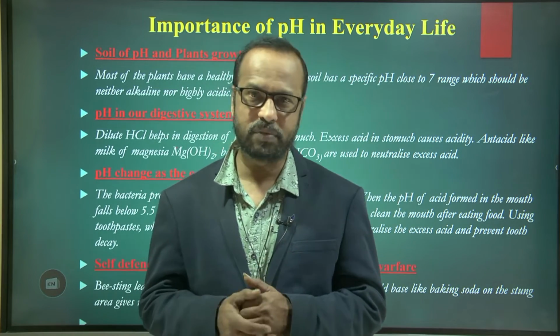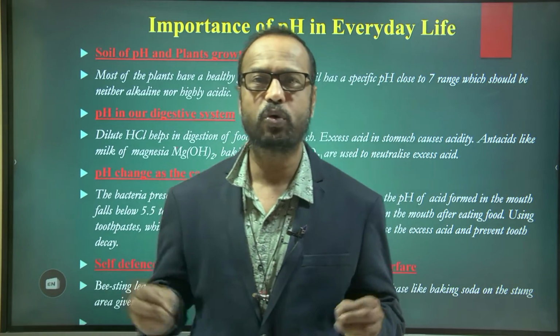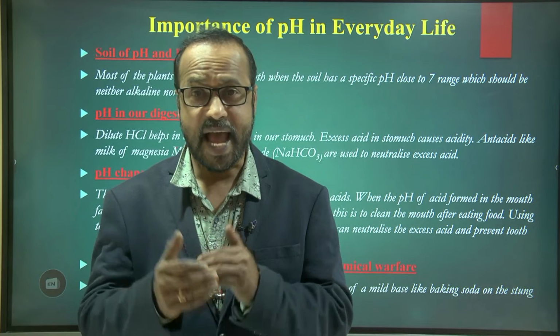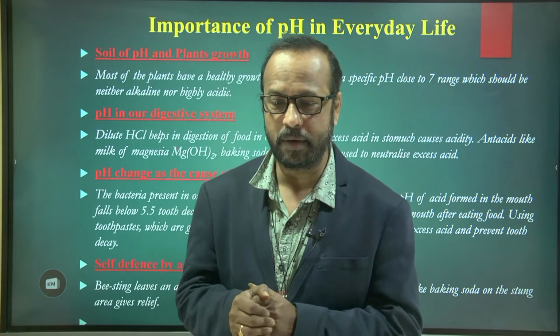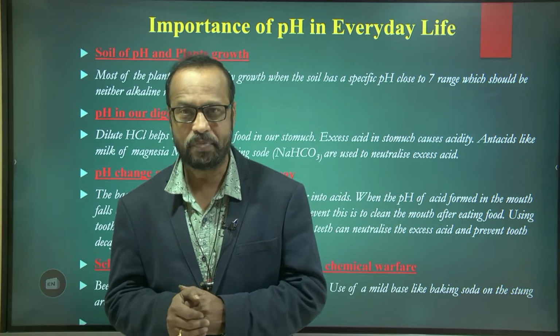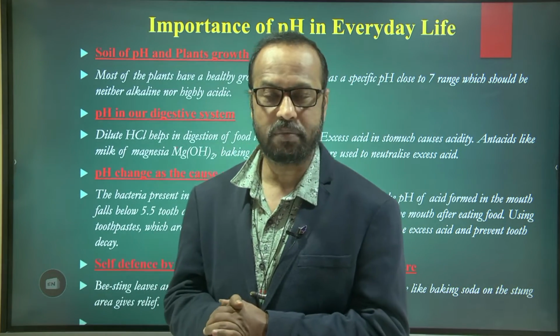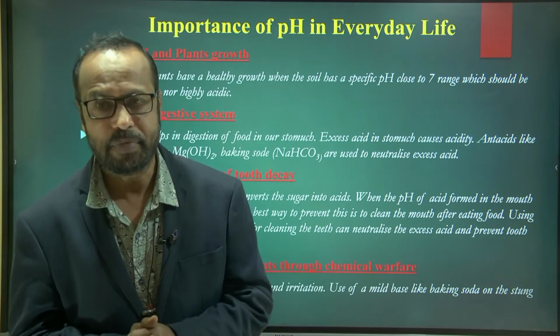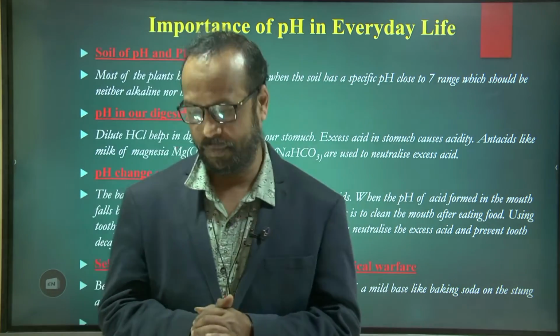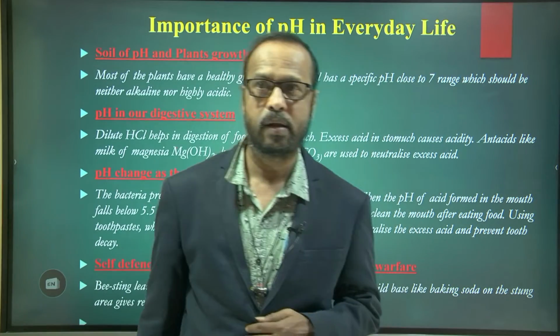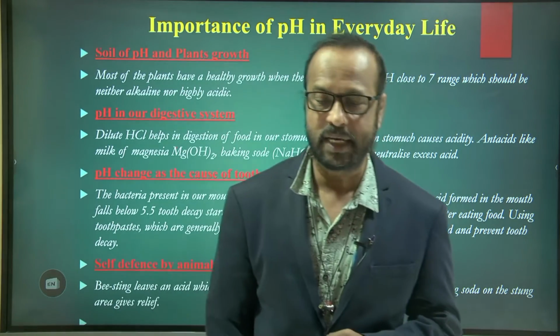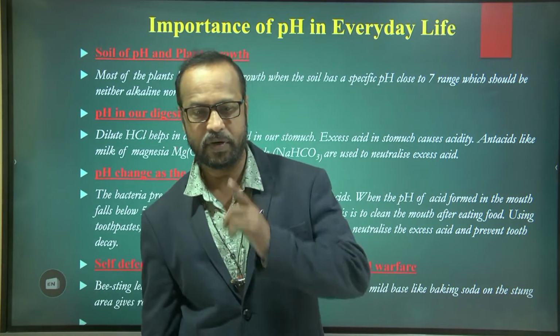To get rid of this acidity, we have to use antacids. Antacid means what? Which is opposite to acids. Antacids are like magnesium hydroxide, which is also called milk of magnesia. So that we discussed.